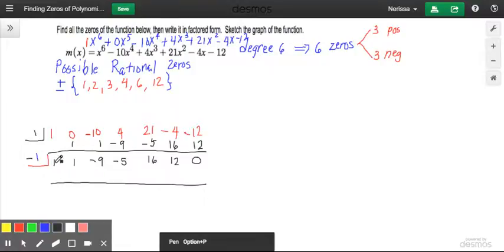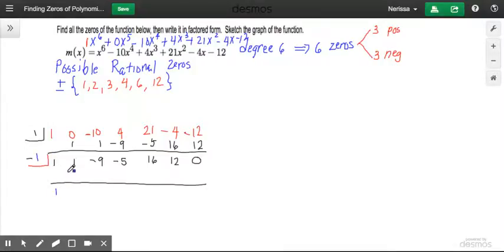So we bring down 1. 1 times negative 1 is negative 1. 1 minus 1 is 0. 0 minus 1 is negative 1. Negative 9 minus 0 is negative 9. Negative 9 times negative 1 is positive 9.